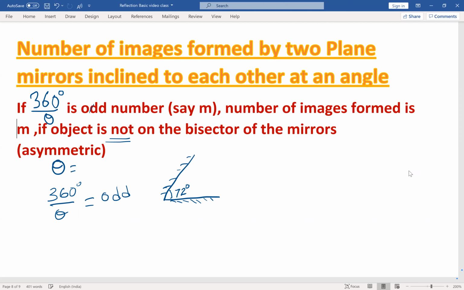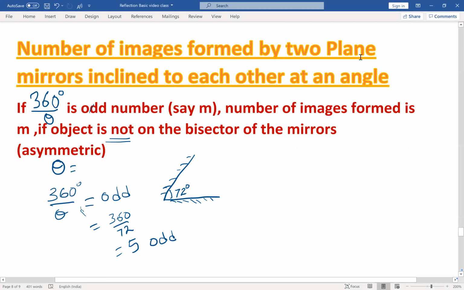So in this case, when you find 360 by theta, it is 360 by 72, so it will give you 5, which is nothing but odd here. This is odd. Immediately you have to check whether the object is not situated on the bisector.